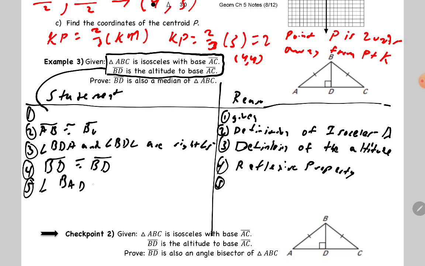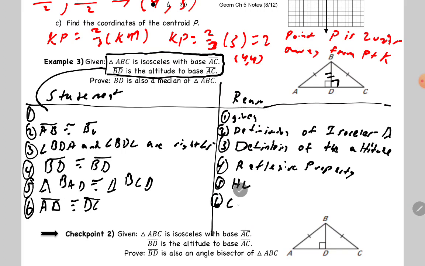Triangle BAD is congruent to triangle BCD because we have HL: we have that side and the hypotenuse and a right angle. Now I can say that AD is congruent to DC because corresponding parts of congruent triangles are congruent.